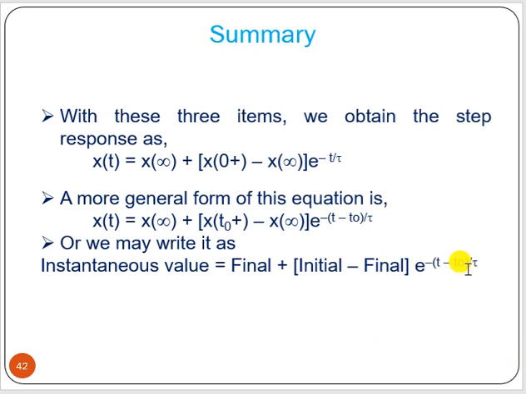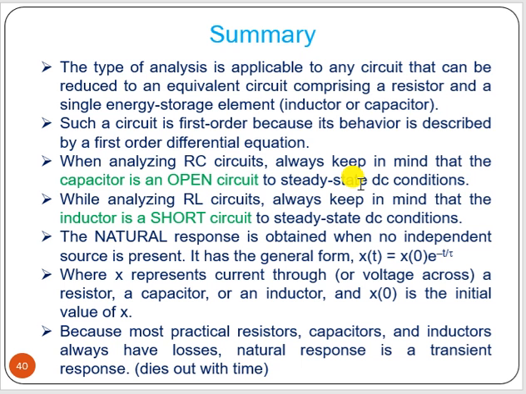Now from this equation you can find the charging and discharging equations also. This is a combination of both. For discharging, the final value is 0. Discharging totally means a source free circuit, so it goes to 0. So x of infinity becomes 0, and that becomes x(0+) times e to the minus t by tau, as we have seen here.